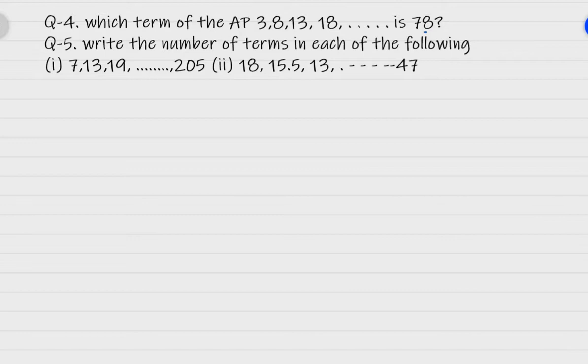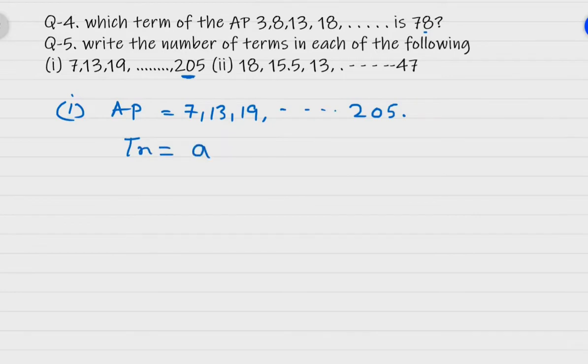The same way here also you are supposed to find the number of terms, that means n. See the last term is 205. So see, in the first AP, your AP is 7, 13, 19 and your nth term is 205. Now see, nth term is 205, Tn is equal to a plus n minus 1 into d.